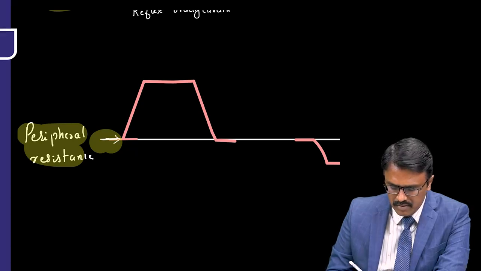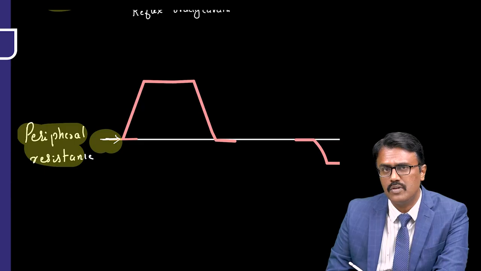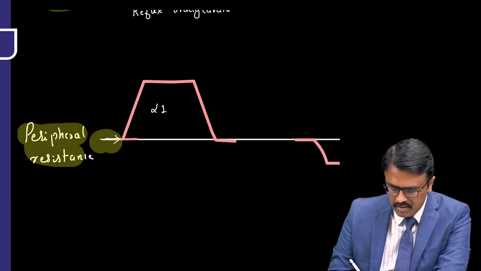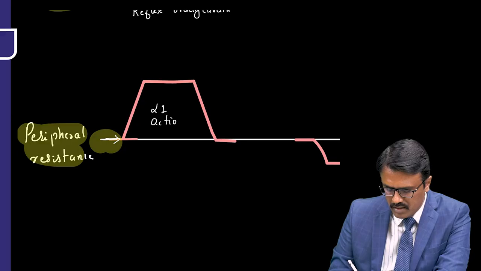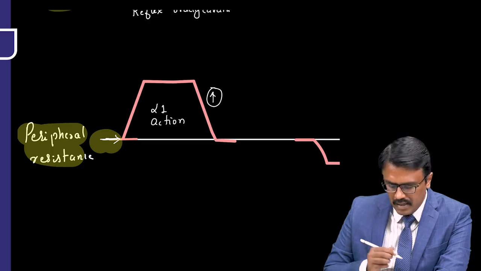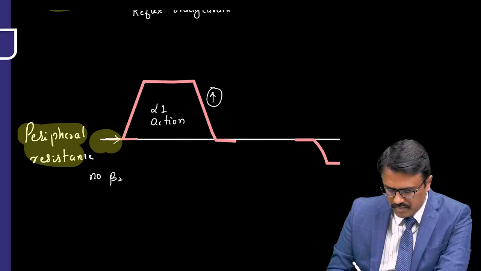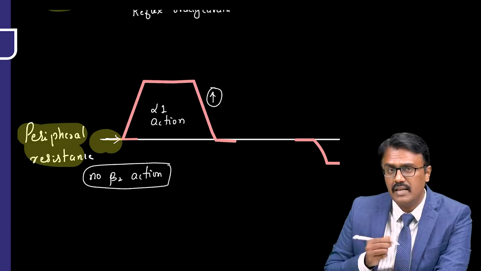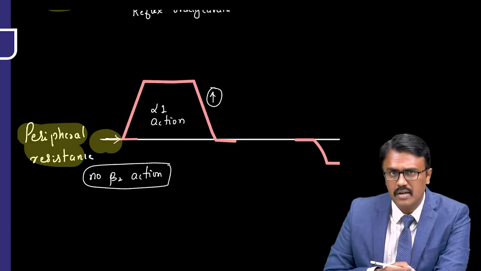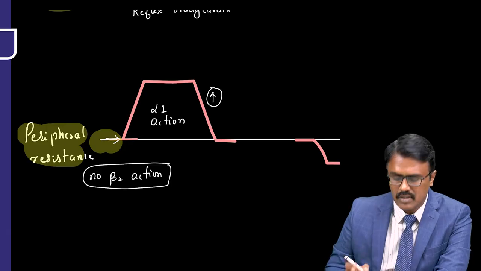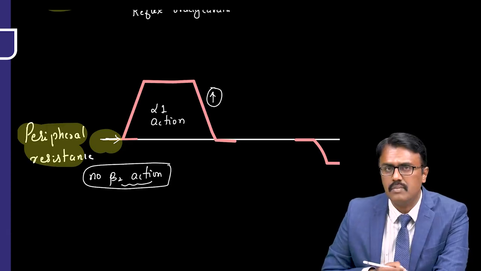This is the normal level. What happens when we use noradrenaline? It acts on alpha 1, so the alpha 1 action is predominant. The peripheral resistance is increased by noradrenaline. And why will it not decrease? Noradrenaline has no beta 2 action, so there is no question of it decreasing peripheral resistance. That's why we don't see a decrease in peripheral resistance.